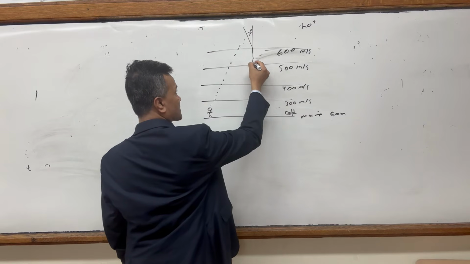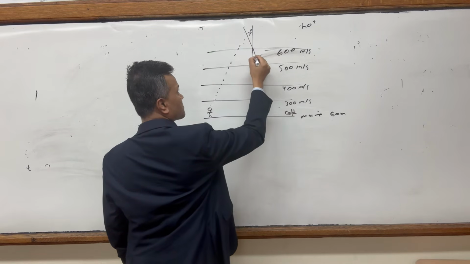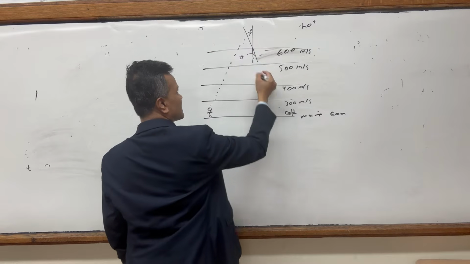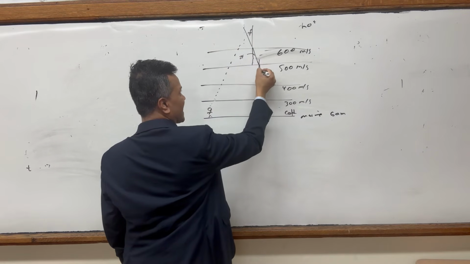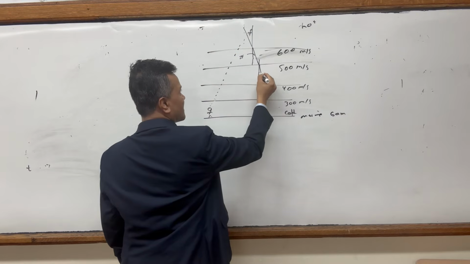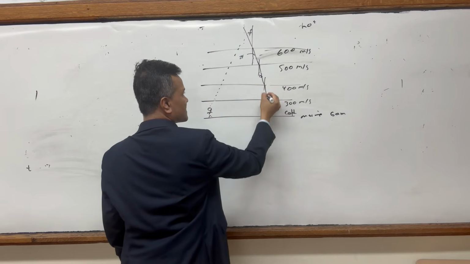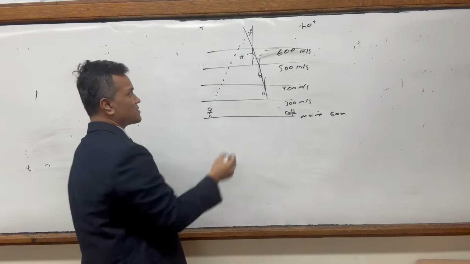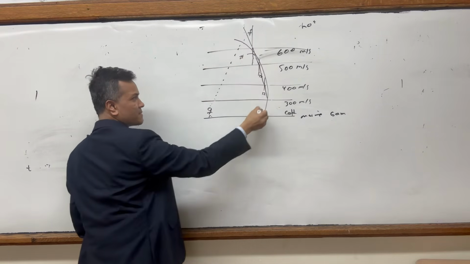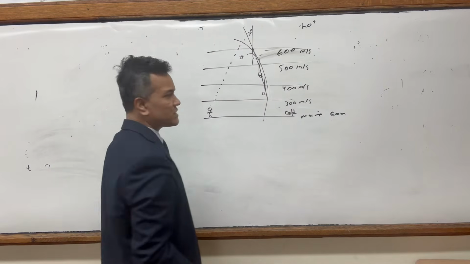This one is going to be what? This one is going to be, let's say, I don't know, 24. And this one is going to be what? 18. Okay, and this one is going to be what? 12. And so on. So as you see, it's bending. How did it get 24?